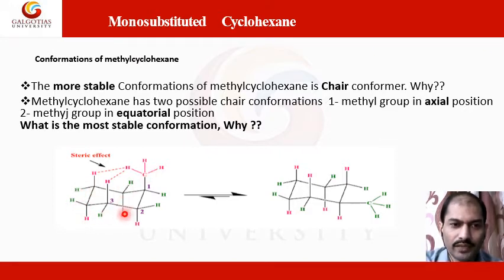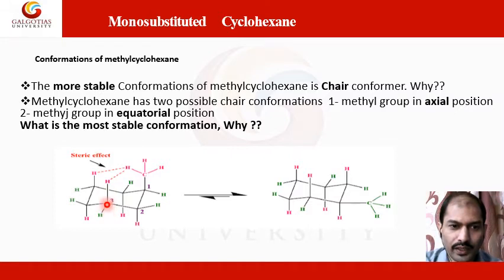Here, as we said, there are different types of interaction at work. If you put the numbering from the substituted group, like 1, 2, 3, 4, the numbering goes in the same fashion, 1, 2, 3. You can see at position 3 there is an axial hydrogen.